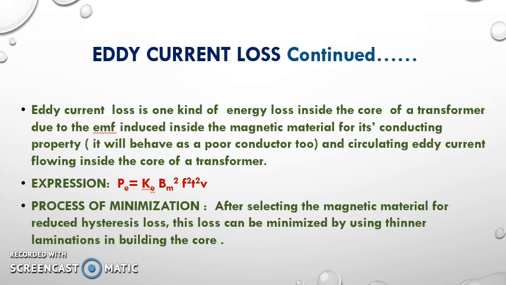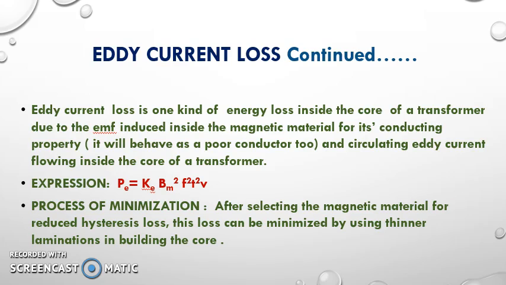So due to that induced voltage inside the core, a current will be circulating inside the core, and that current is called eddy current, and the loss due to eddy current is called eddy current loss, and this can be expressed by I square Re also.